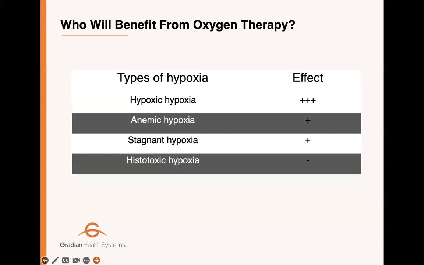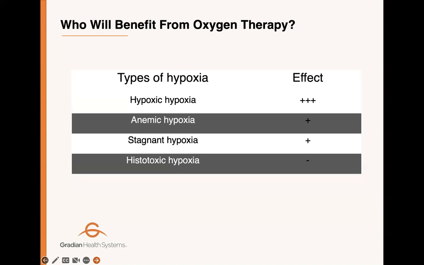So who will benefit from oxygen therapy? From this slide, you see the table of types of hypoxia where, when you give oxygen therapy, your patients will benefit more. For hypoxic hypoxia, the effect will be plus. This means that the effect of administering oxygen will be reflected in the saturation and partial pressure of oxygen in the patient's blood.